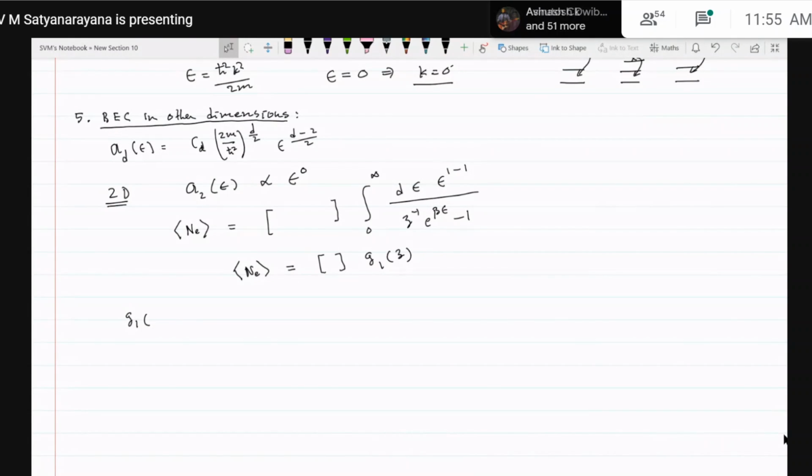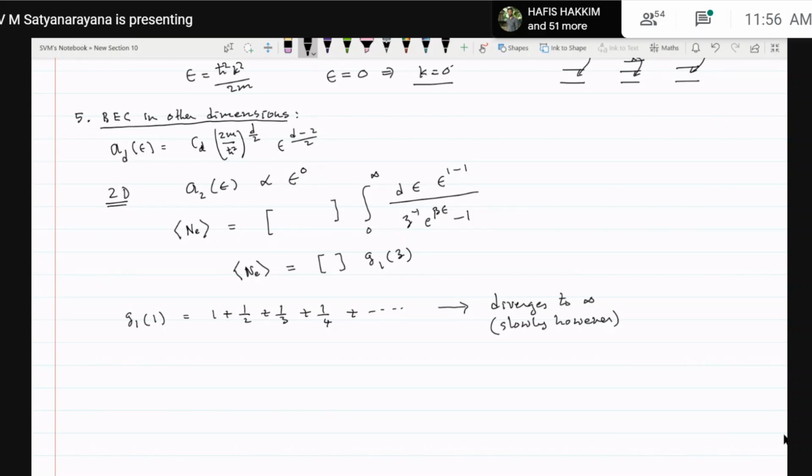Now G1 of 1 is equal to 1 plus 1 by 2 plus 1 by 3 plus 1 by 4, etc. Now this series diverges, however very slowly, but this is nevertheless divergence. In fact, this is the famous logarithmic divergence. It diverges to infinity.